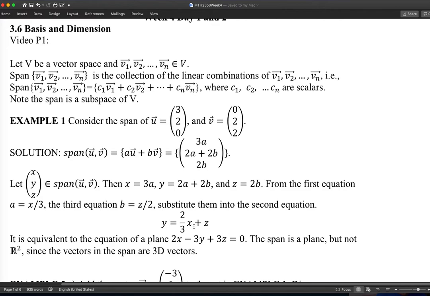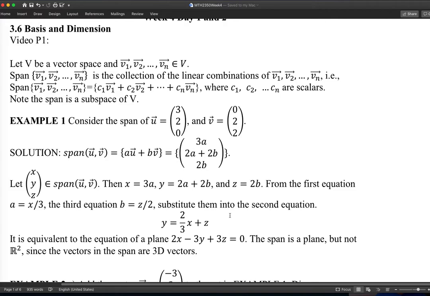If it's still not clear, we can put x, y, z all together. You see the linear equation, right? This is the equation of a plane passing through the origin. So, geometrically speaking, the span of those two three-dimensional vectors turns out to be a plane.